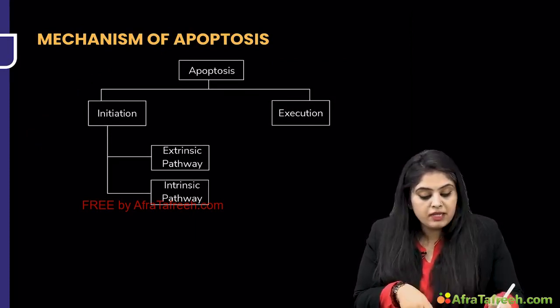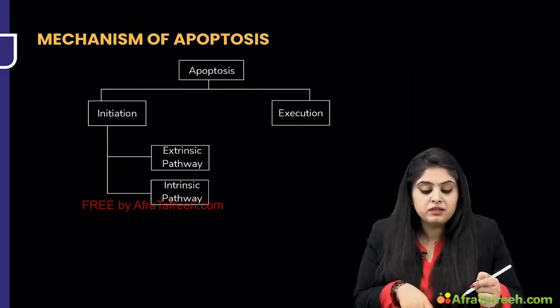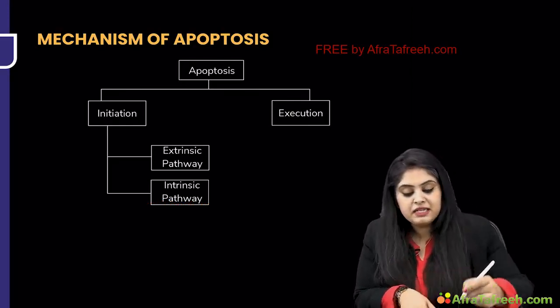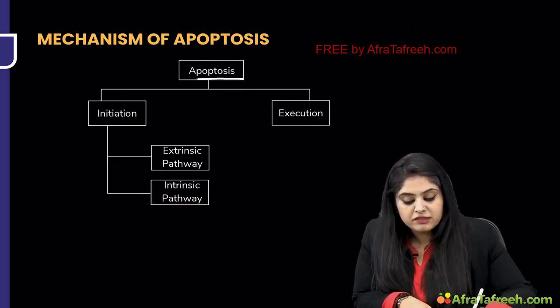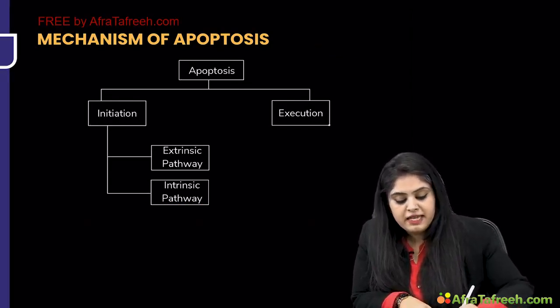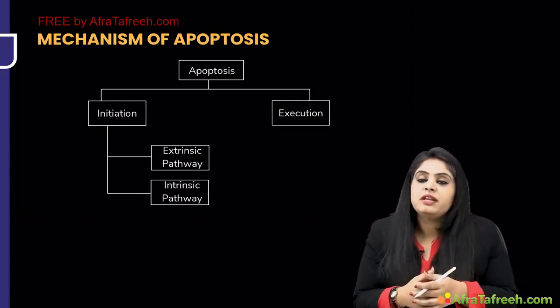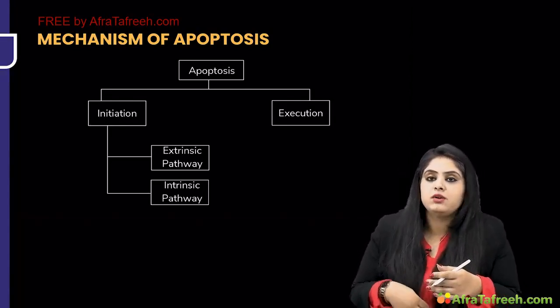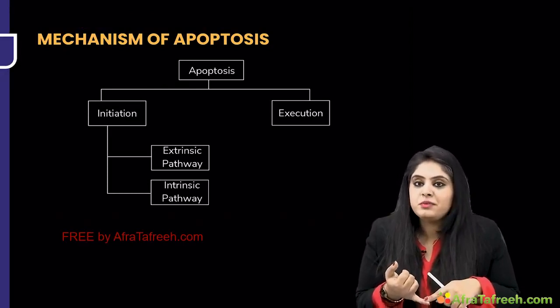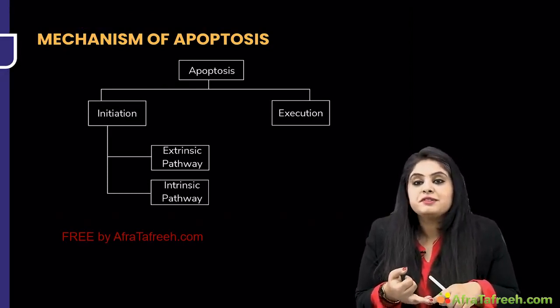Now, when I talk about the mechanism of apoptosis, please remember, learn it like a story that I am telling you, because it will make life a little easier. When I'm talking about apoptosis, it can have initiation and it can have execution. So now let me ask you, whenever you decide that you have to study, when do we decide to study? Either we decide to study from the Monday of every week, or from the first of every month.